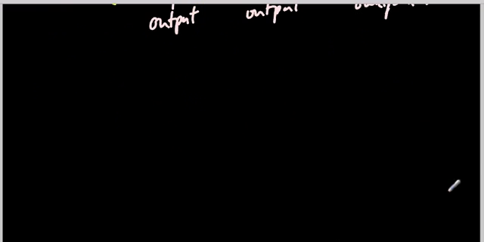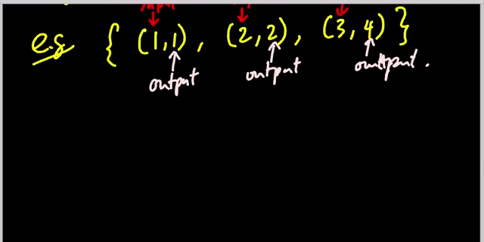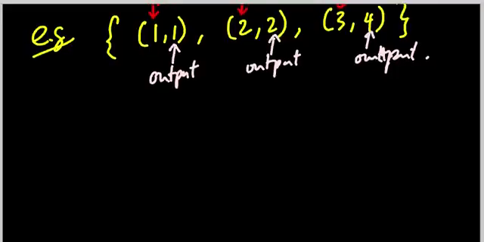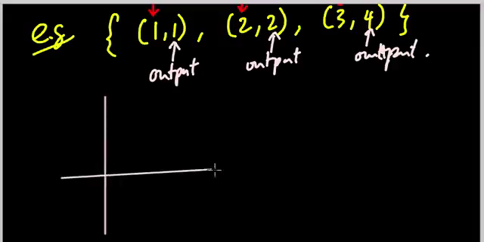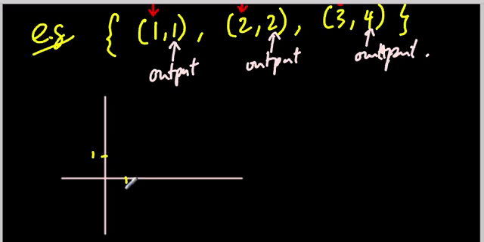All right, let's graph these 3 points and see what a function looks like. Here's my x and y. For example, (1, 1) is a point right there, and then I have (2, 2), that's this point here.